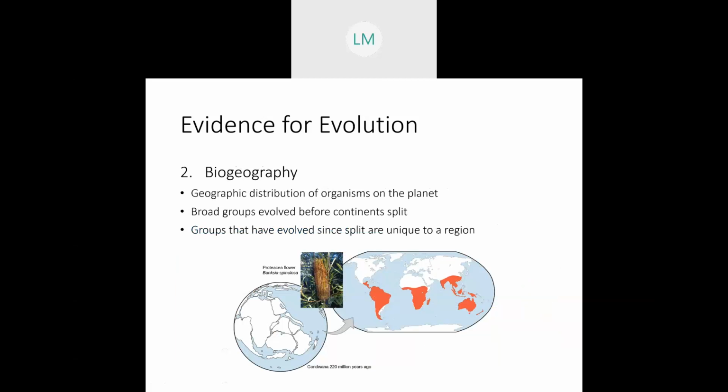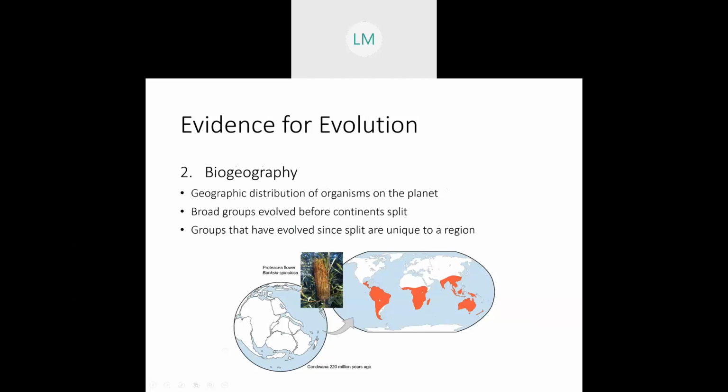So this example down here is this type of flower. It is seen in all of these environments down here, all of these red colored areas. That is evidence that this flower evolved when the continents were still all bunched up together, because it's really easy for an organism to spread and increase its range when everything's so close.